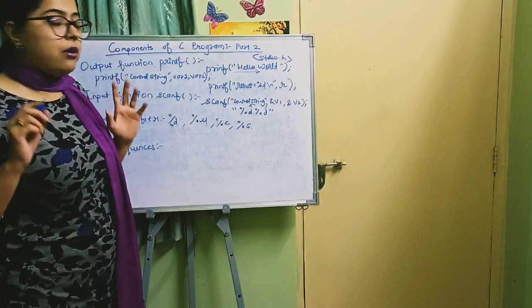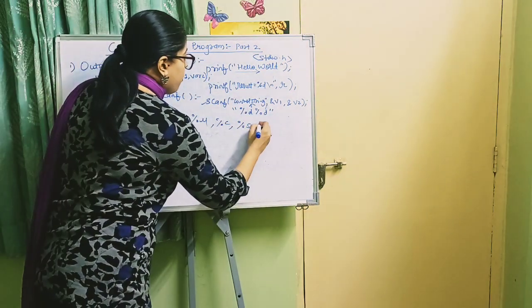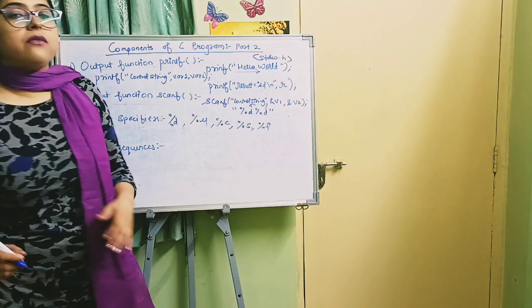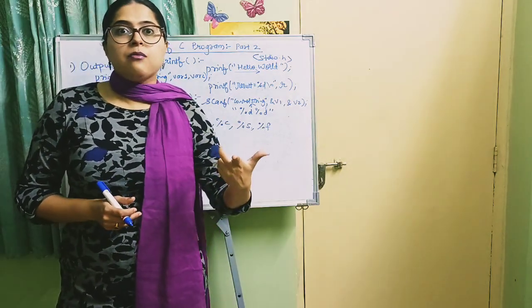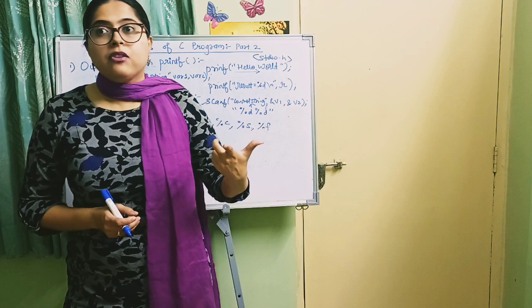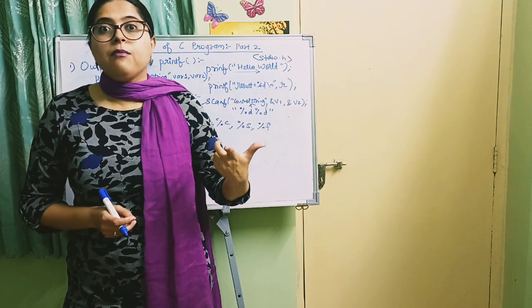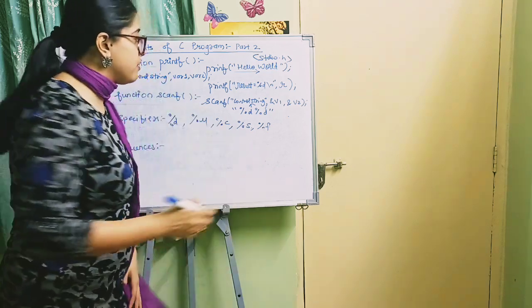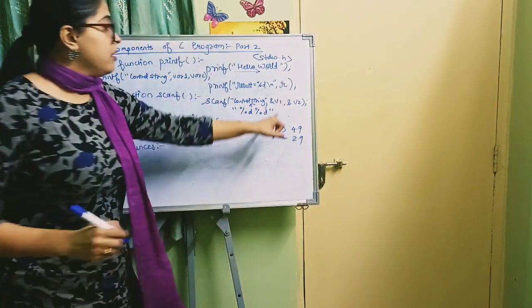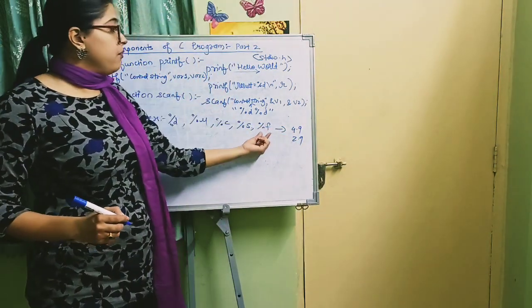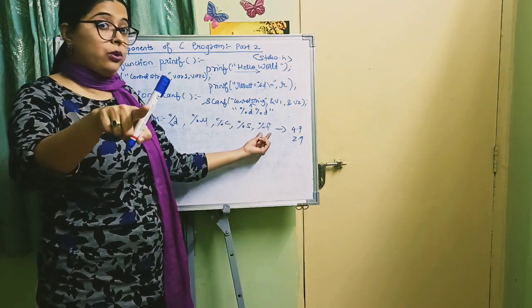And now last, %f. You use %f when you are dealing with a decimal point. When a number has a decimal point, like 4.5, 6.99, 7.90, such types of numbers, for example 4.9, 2.9, we use the format specifier %f for float.